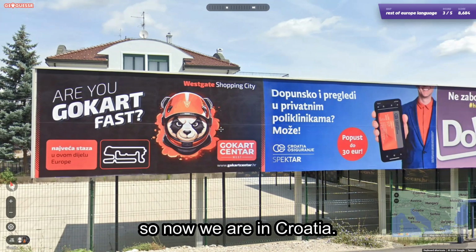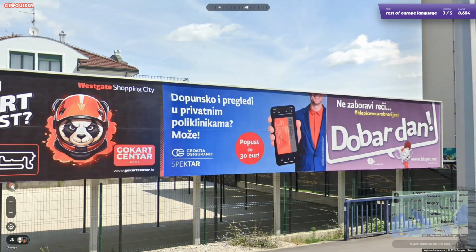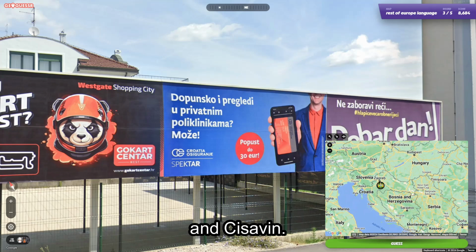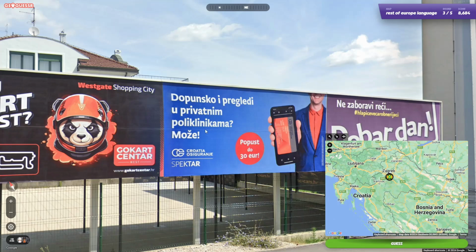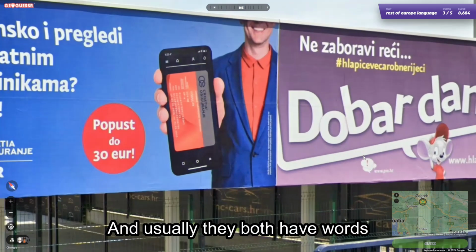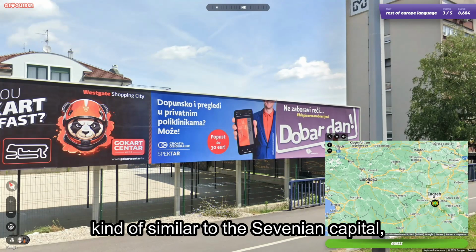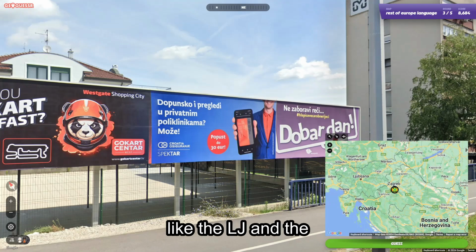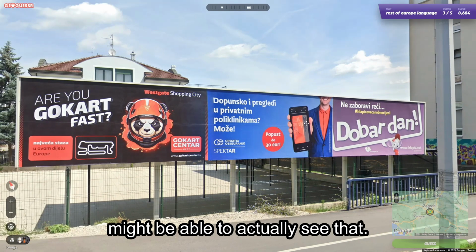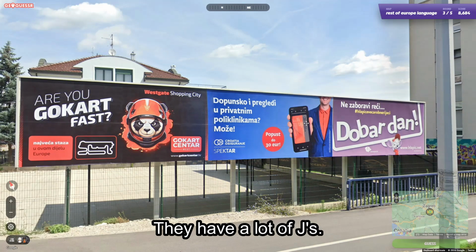Okay, so now we are in Croatia. And Croatian is very similar to both Serbian and Slovene. Croatian and Slovene are similar, like I just said. And usually they both have words kind of similar to the Slovenian capital, like the LJ and the JA. But they have a lot of J's.